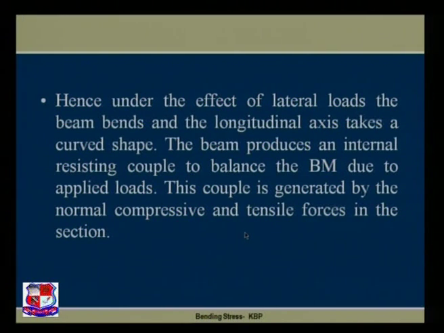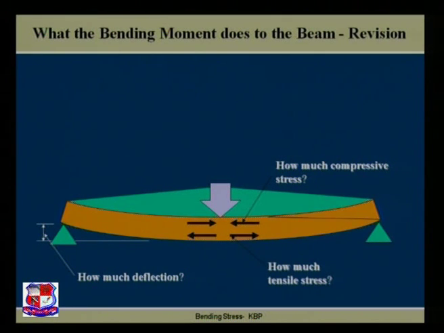Under the effect of the lateral loads, the beam bends and the longitudinal axis takes a curved shape. The beam produces an internal resisting couple to balance the bending moment due to the applied loads. This couple is generated by the normal compressive and tensile forces in the section. Refer over here.